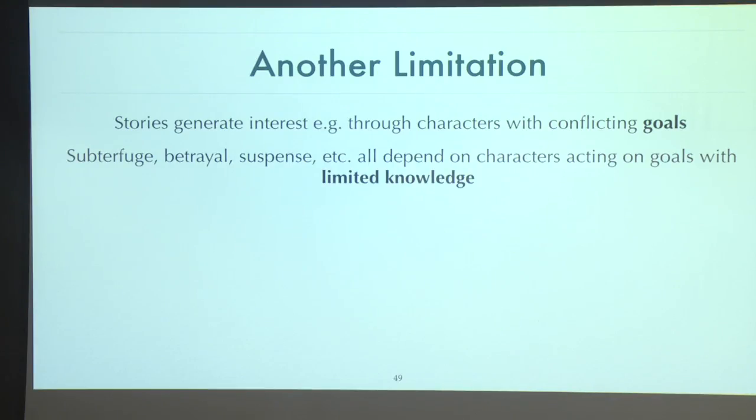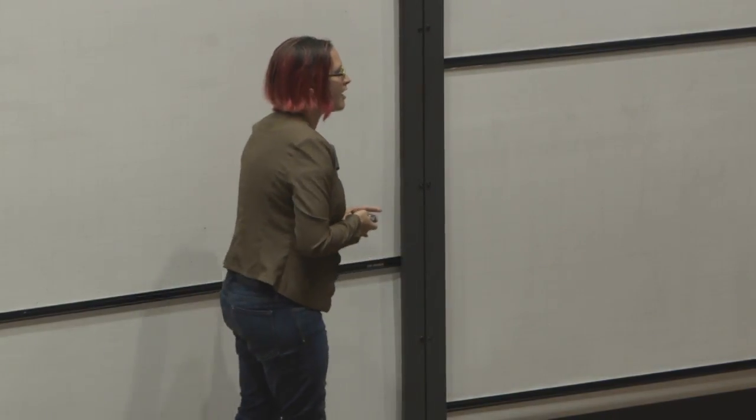However, there's another limitation here, even if we relax our notion of goal, which goes back to this idea of conflict, right? Character actions happen in story events not just for random reasons, but for reasons that we as audience members would really like to be able to interpret in terms of characters acting intentionally, towards some goal that they have, and perhaps with goals that conflict with one another.